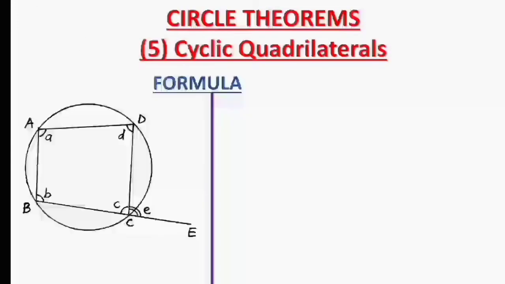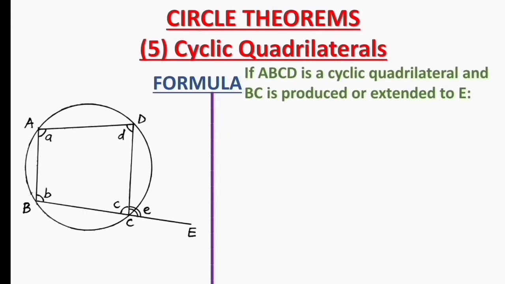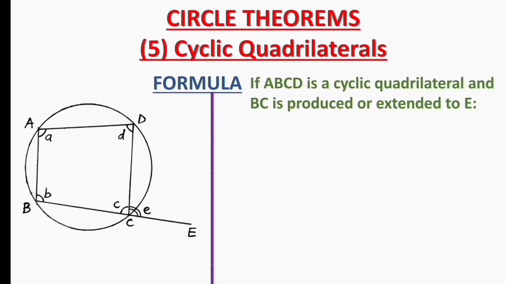For some formulas attached to theorem 5, cyclic quadrilaterals, from the diagram here, we have ABCD being a cyclic quadrilateral and the line BC is extended to point E. The first formula we can derive from this diagram is that the opposite angles, angle A plus angle C, are supplementary, which will add up to 180 degrees.